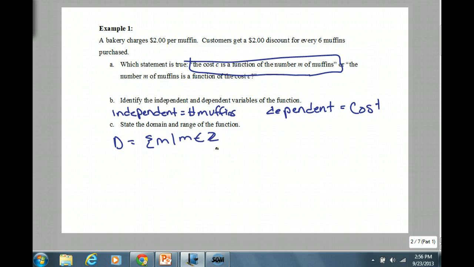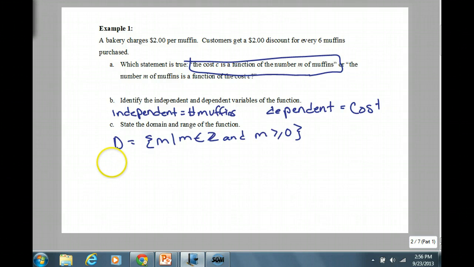Okay? M's an integer, and it has to be what? What's the smallest number you can have? Even smaller than that. It can be 0, right? So it can be, and M is greater than or equal to 0. So that's the domain of the muffins.